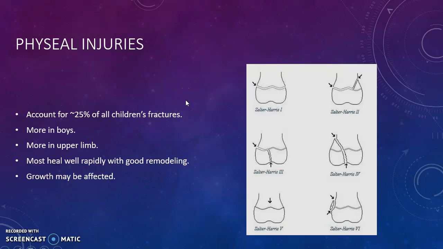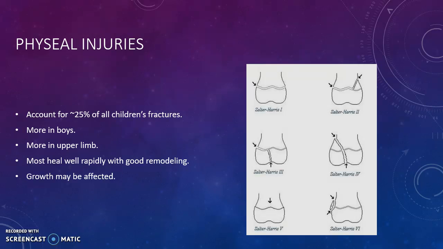Now the epiphyseal injuries: how to diagnose these epiphyseal injuries and how to manage them. These account for 25% of injuries in children, and they are more common in males and more common in the upper limb as compared to the lower limbs.